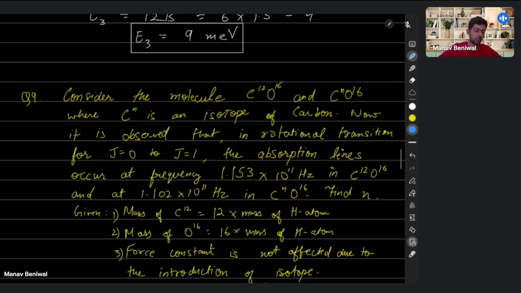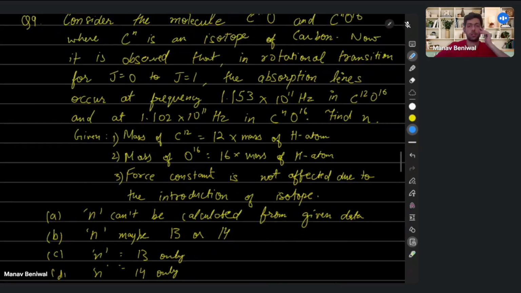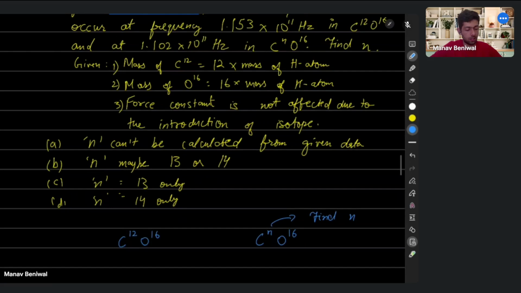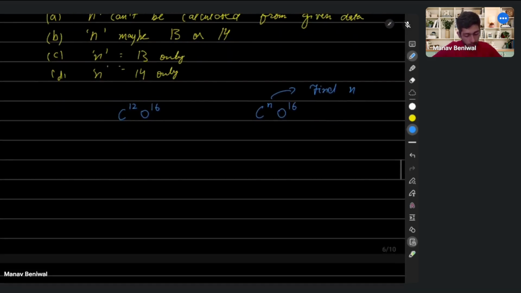Now what is the data given to us? Firstly, note that we have performed a transition for j equals 0 to j equals 1 in both the cases.